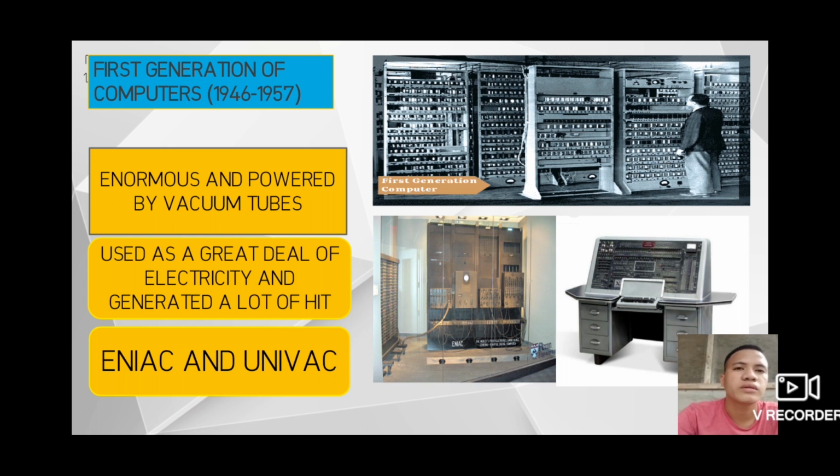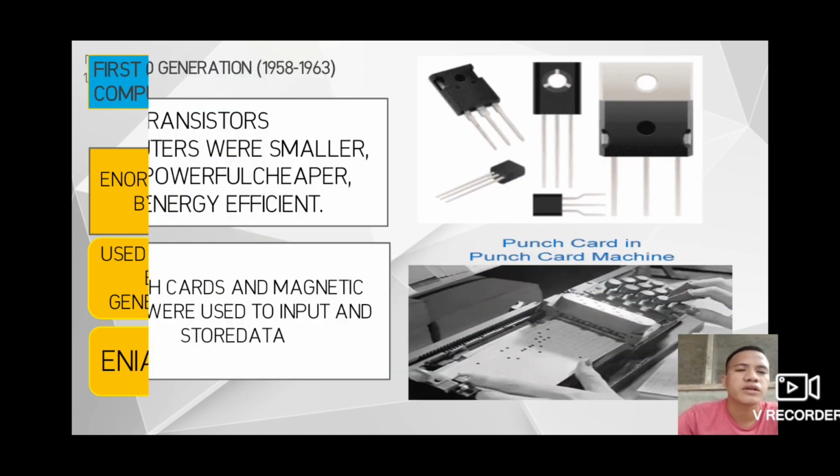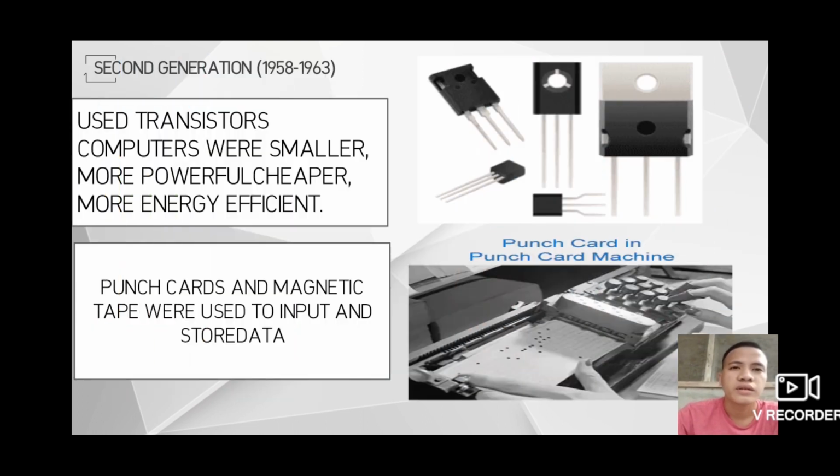Let's move forward to the second generation. The second generation, 1958 to 1963, used transistors. Here the transistors were very small now, and cheaper and more powerful than vacuum tubes, and more energy efficient.